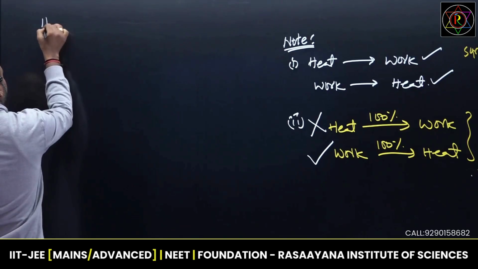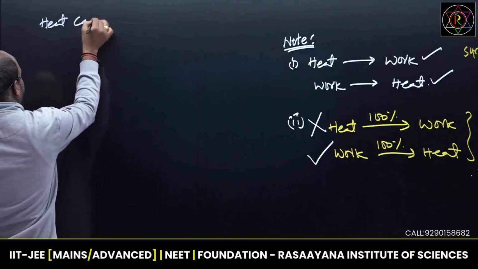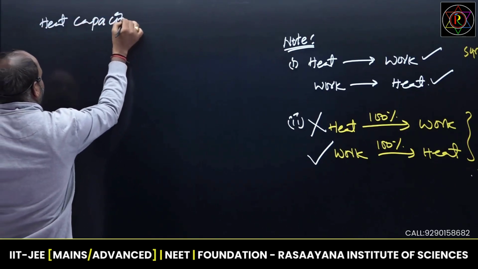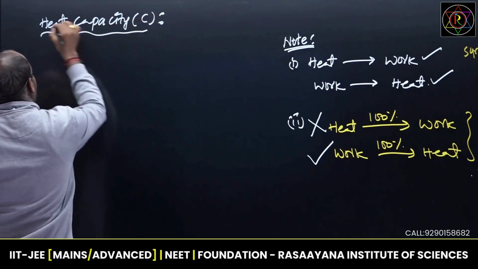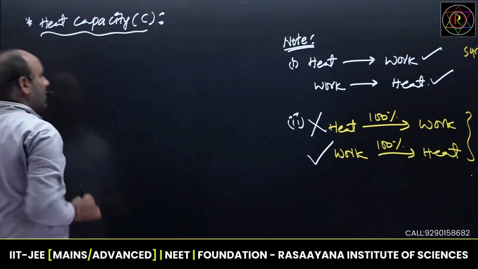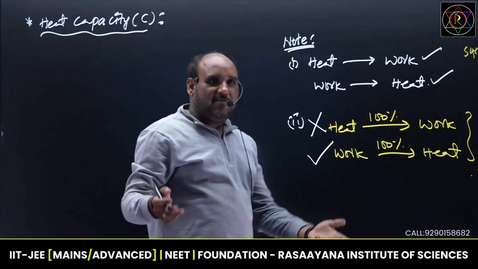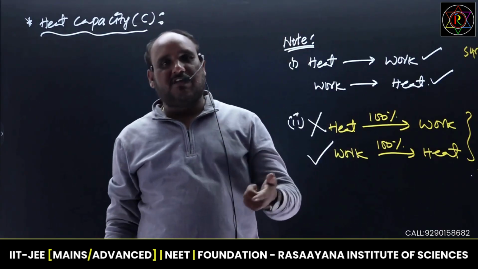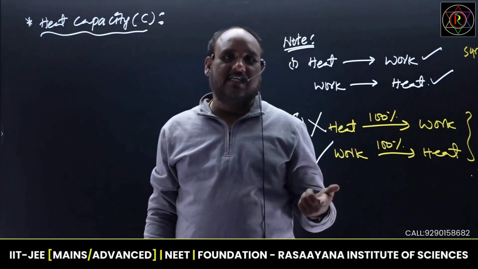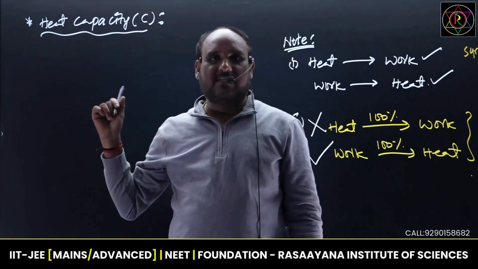Heat capacity is denoted with C. In simple terms, the amount of heat required to raise the temperature of any substance by 1 degree centigrade is known as heat capacity.